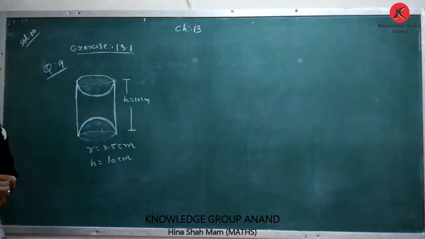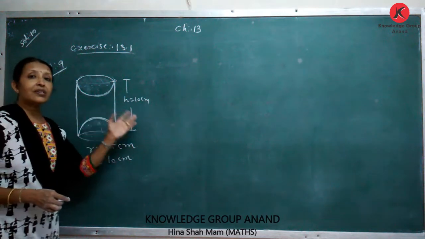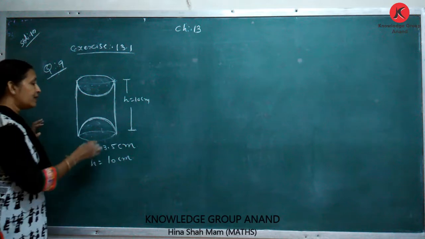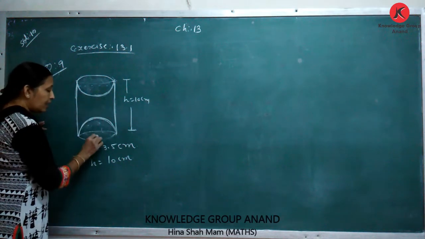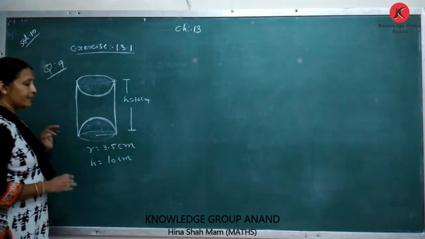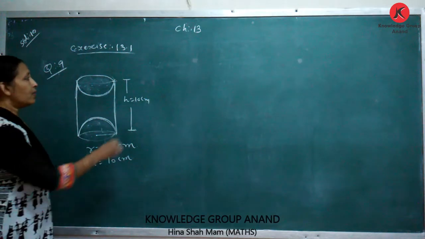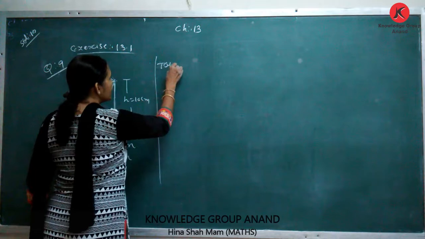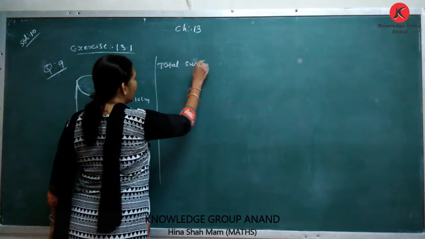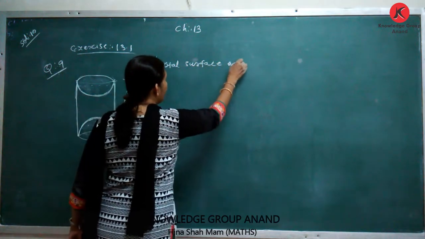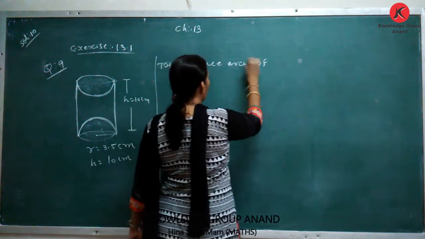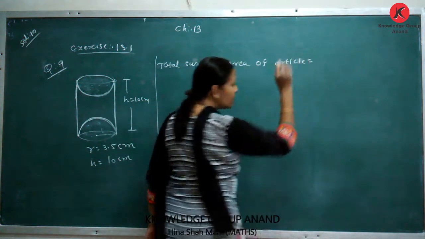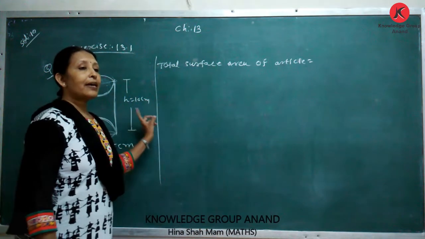We know the curved surface area of a hemisphere is equal to 2 pi r square, and r is the same as the cylinder's. Now, the total surface area of the article equals, which shapes are combined?